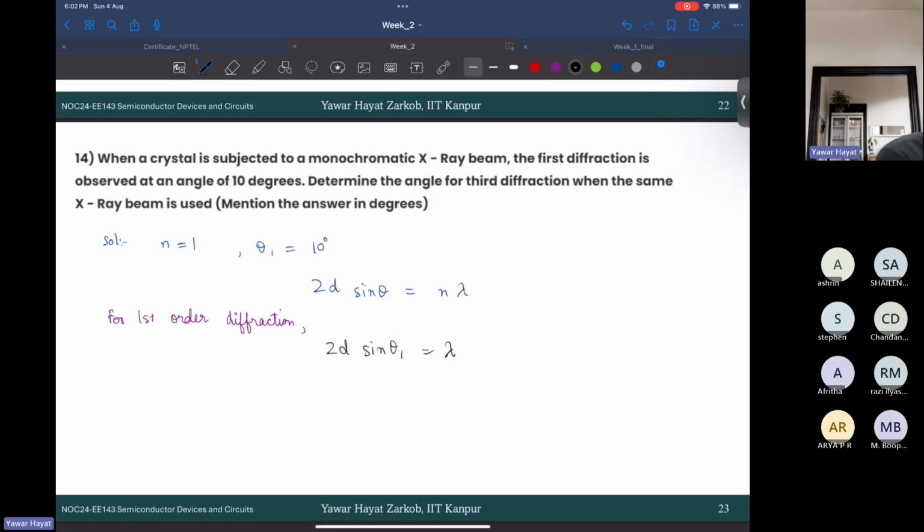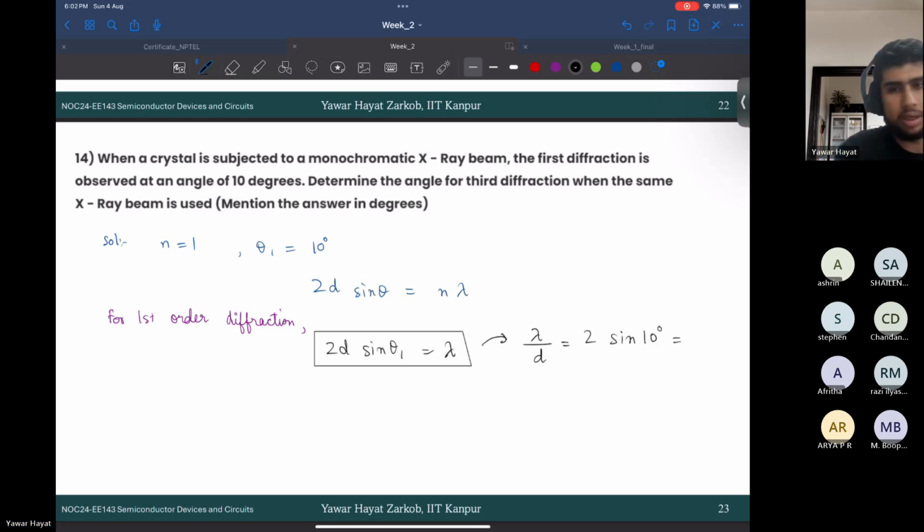This relation gives us lambda by d is equal to 2 times sine of 10 degrees. And what is this 2 times sine of 10 degrees? Verify for me if you guys have a calculator in front of you. Just work it out. What is 2 times sine of 10 degrees?